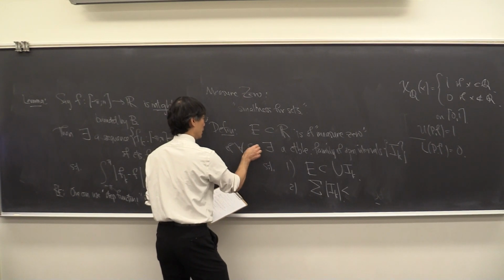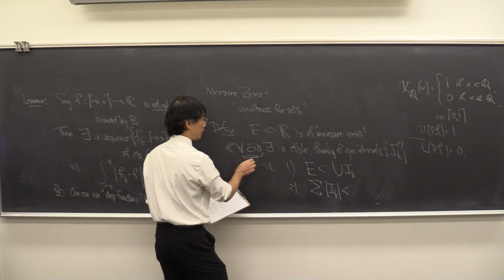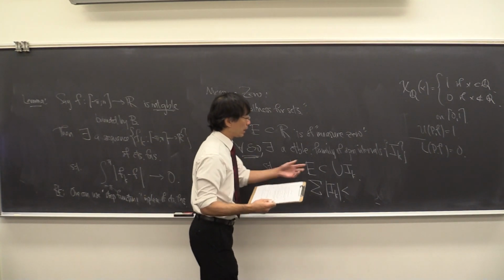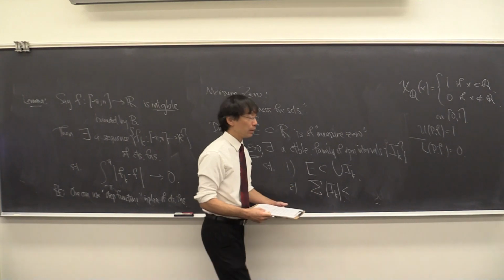Given any epsilon, you can find a countable family of open intervals that covers your set and whose total length is smaller than epsilon.